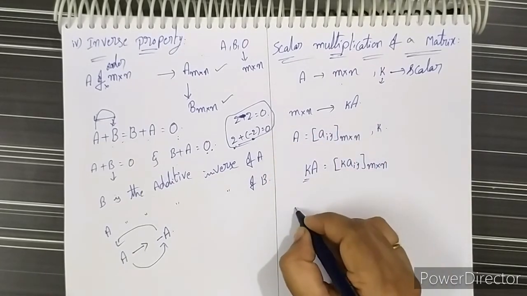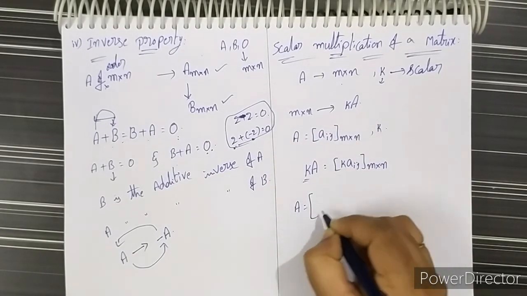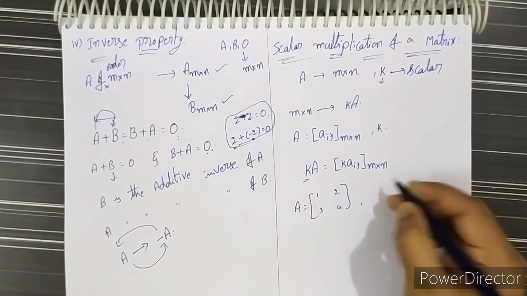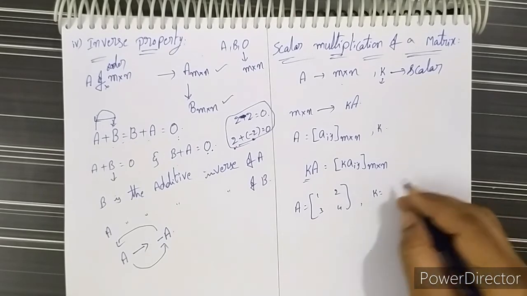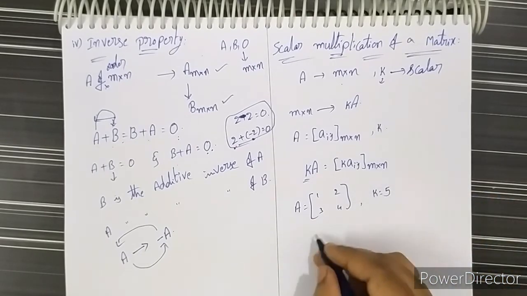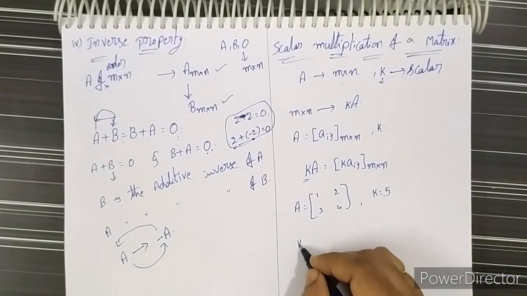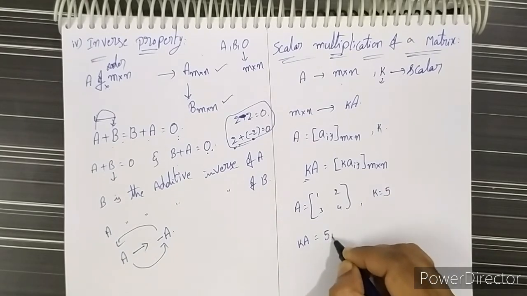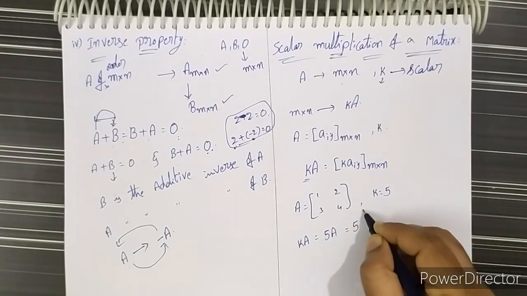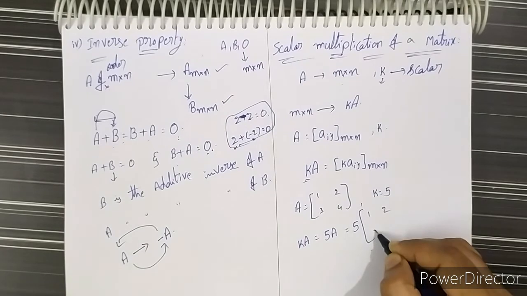For example, A equal to 1, 2, 3, 4 and the scalar k equal to, let it be 5. Then scalar multiplication kA is equal to 5A, that is 5 into 1, 2, 3, 4.